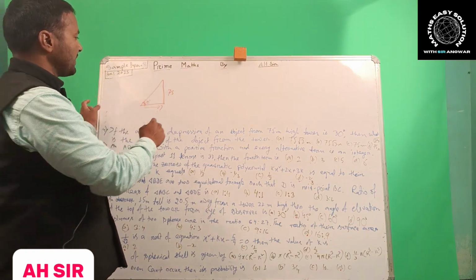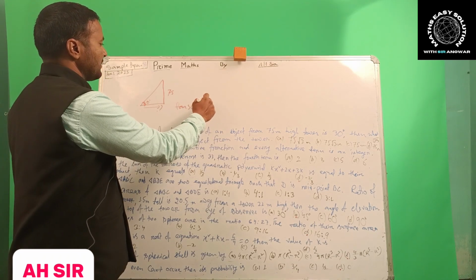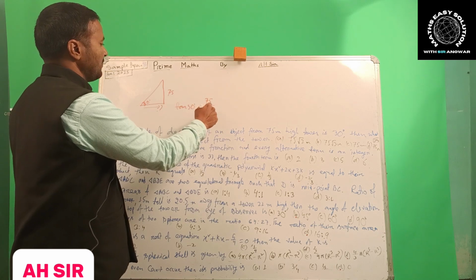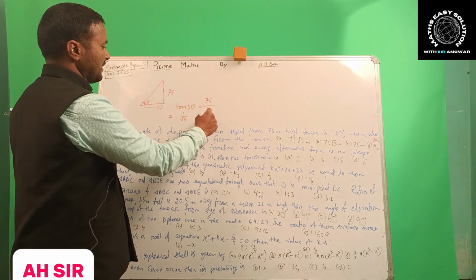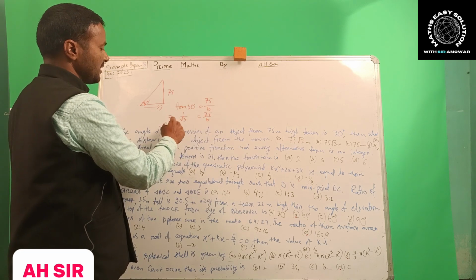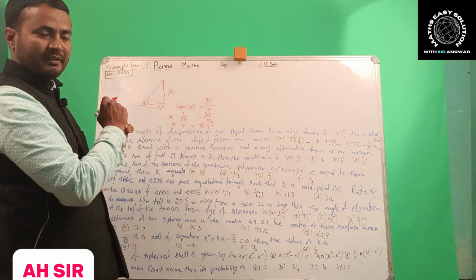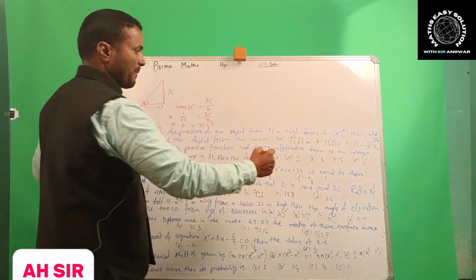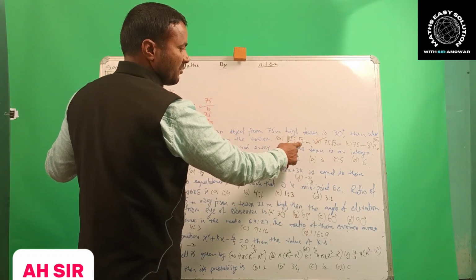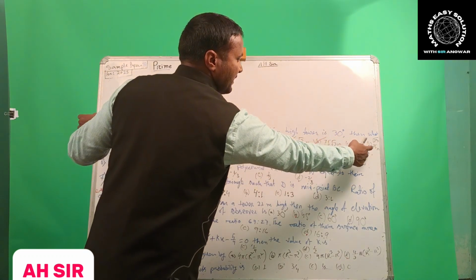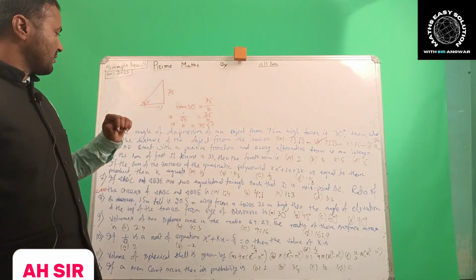Simply p by b is connected with tan theta, which is tan 30. The tan 30 value is 1 by root 3, so 1 by root 3 equals 75 by b. Cross multiplying, b equals 75 root 3 meter. So this is option B, 75 root 3 meter. The others are not correct.